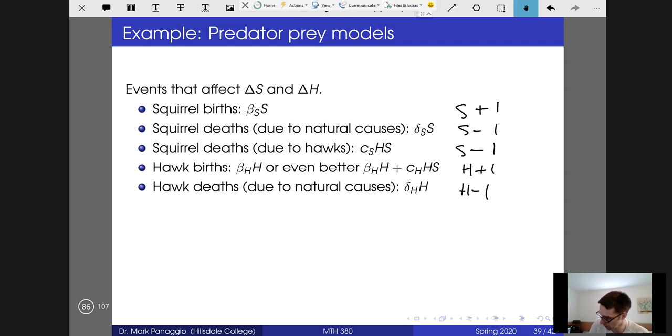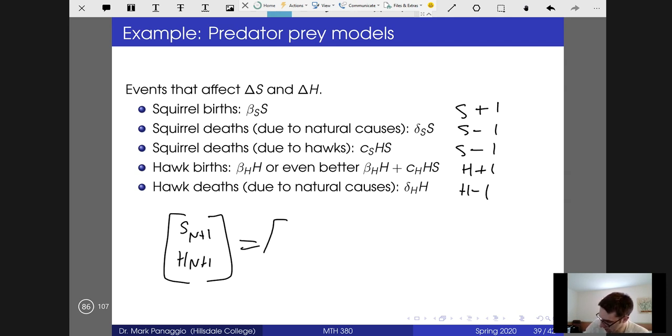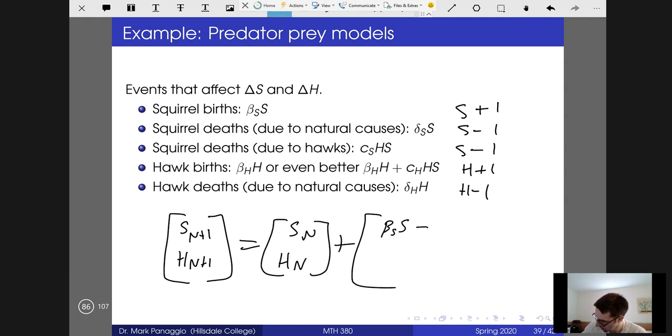All right, so if we want to put everything together, we could say that the new values of our 2 variables has got to be equal to the old values plus, well, the change. And the change we said would be due to births, deaths, and deaths due to predation.